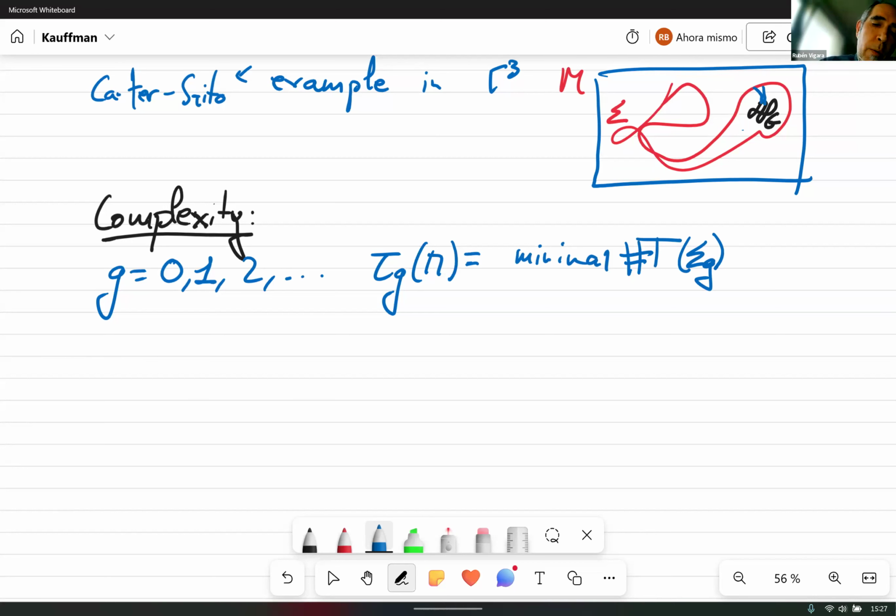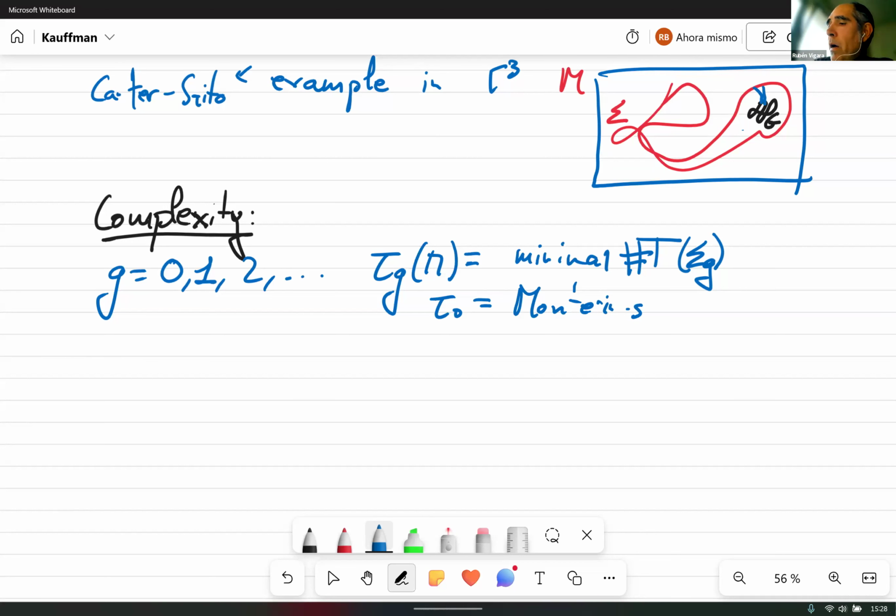When we talk about filling Dehn spheres, we call this Montesinos complexity. So for each genus, we consider all the genus G filling Dehn surfaces of the three manifold, and the minimum number of triple points is this number.